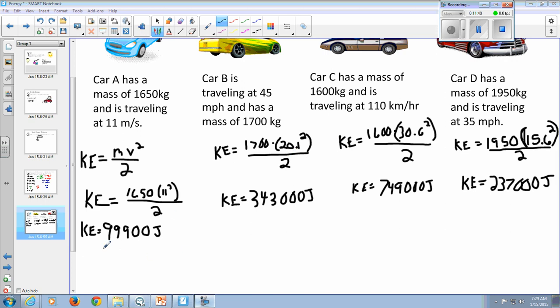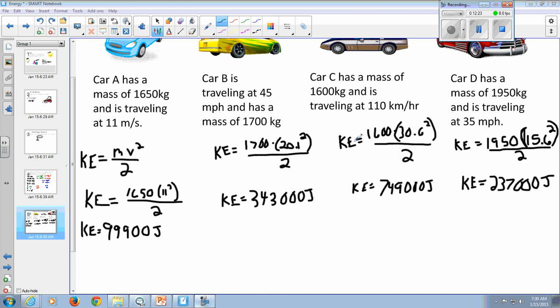After you've calculated, you should get kinetic energy for the first car, car A, 99,900 joules, car B, 343,000 joules, car C, 749,000 joules, and car D has 237,000 joules of kinetic energy. Interesting thing to note is that car C was actually the smallest of the 4 cars, and yet ended up with the largest kinetic energy.